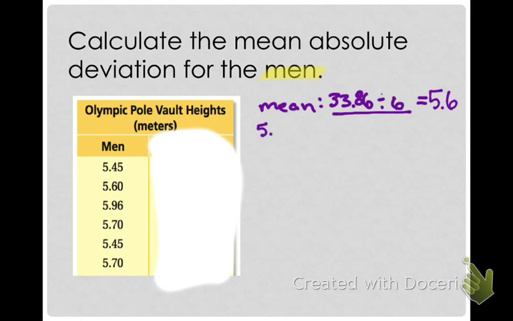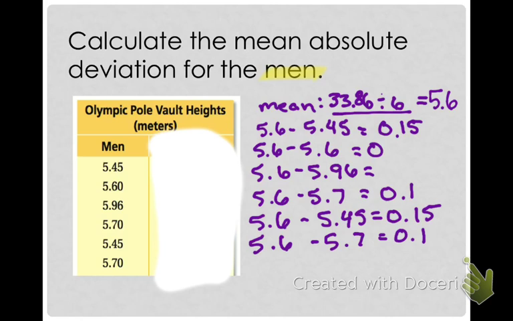So we say 5.6 minus, and then we go over to the list of numbers, and we're going to start with 5.45, and we get 0.15. We're going to do that for each number. So go down through the list and do this for each number. Pause the video.